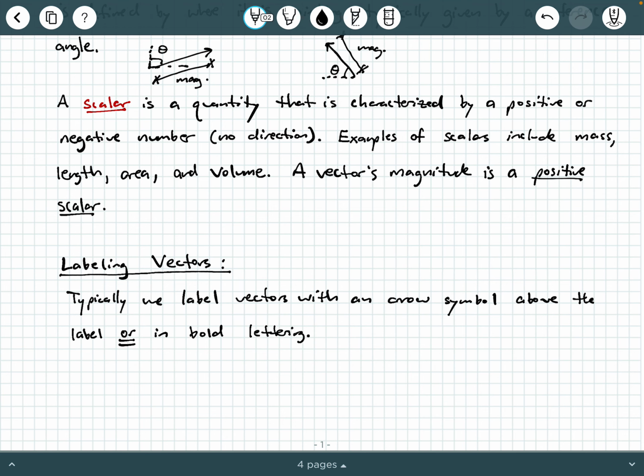Okay? So for example, if you have vector A, all right, you can label that as an A with a little vector symbol on top of it. This is like a little vector symbol for labeling purposes.